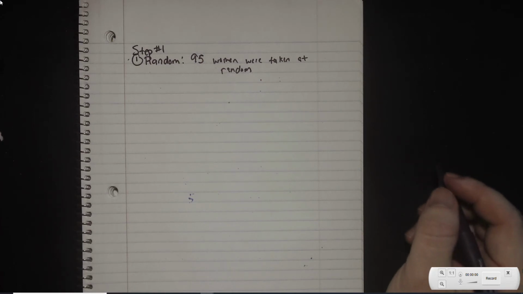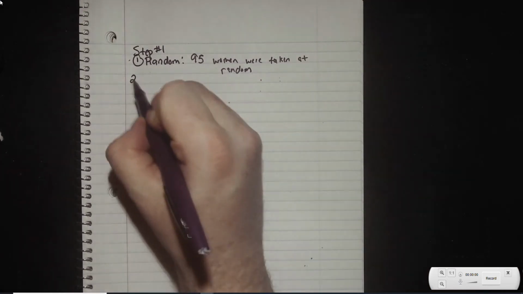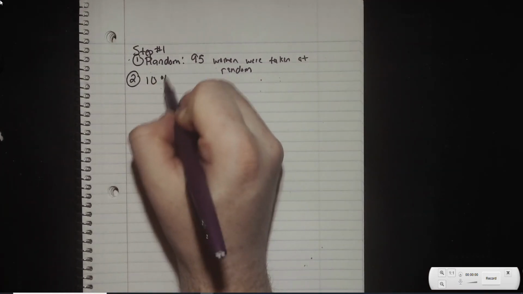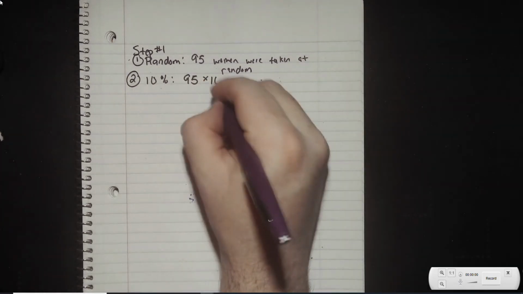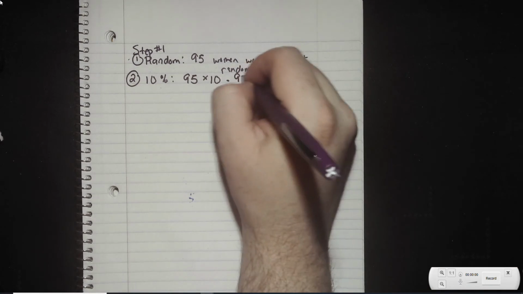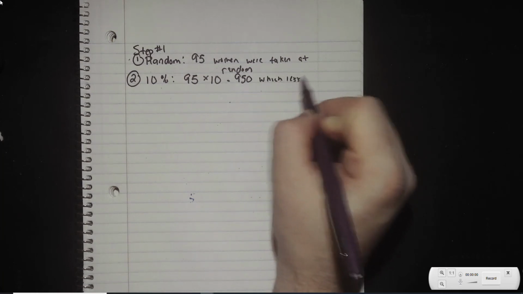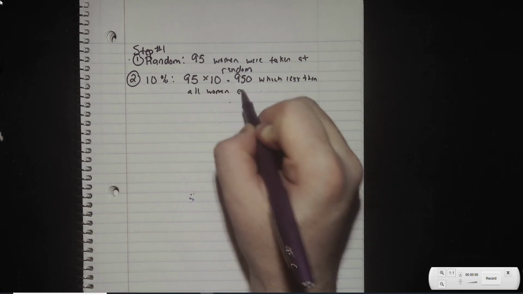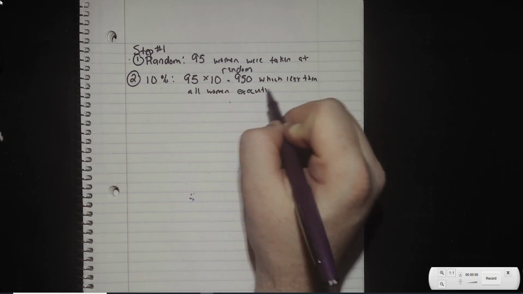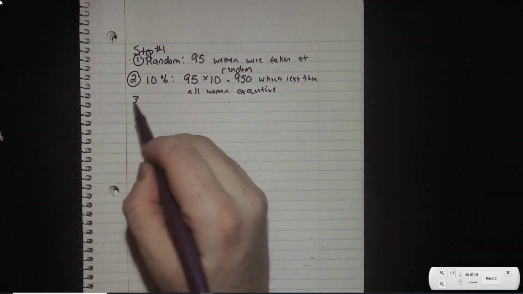Okay. 2. 10%. 95 times 10 is 950, which is less than all women executives. And again, I don't know if that's true. I want to believe it's true, but I don't know if it's true. I'm not going to look it up, so we'll just assume it is.